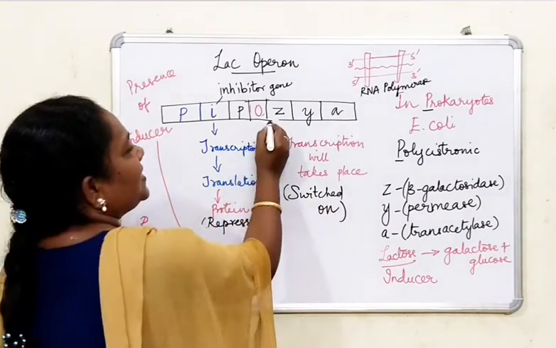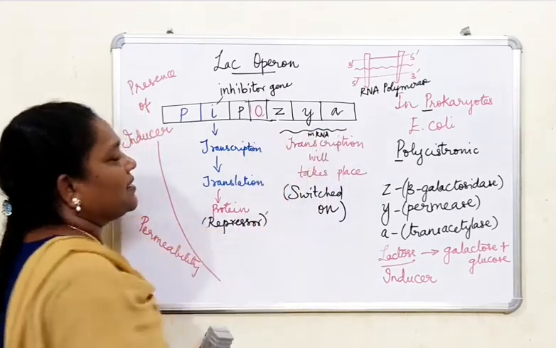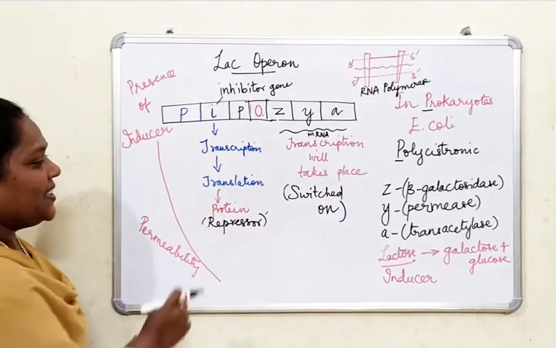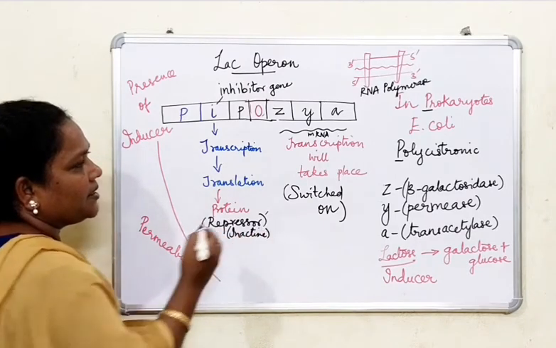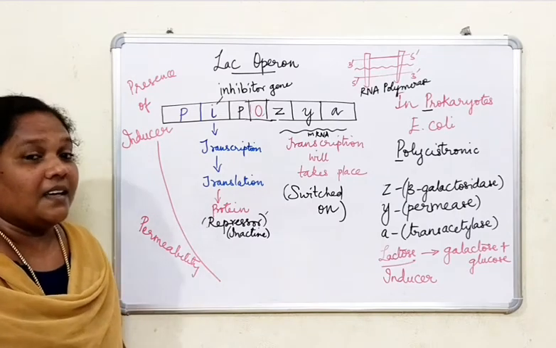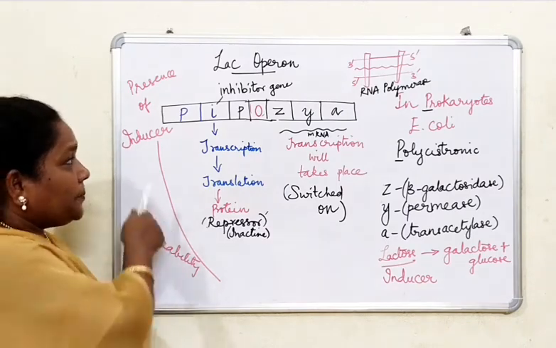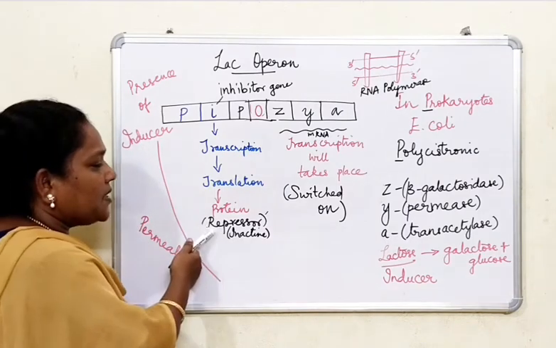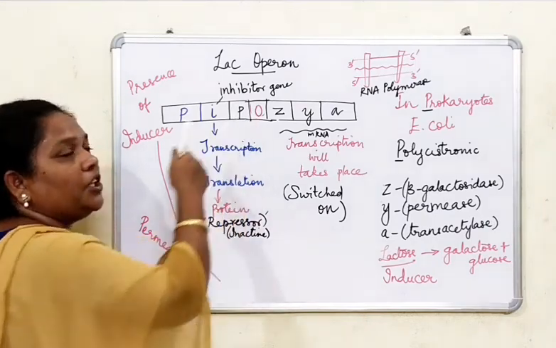So mRNA will be synthesized. This is what you have to understand. In the presence of inducer, the repressor protein will become inactive so that it will not bind to the operator.